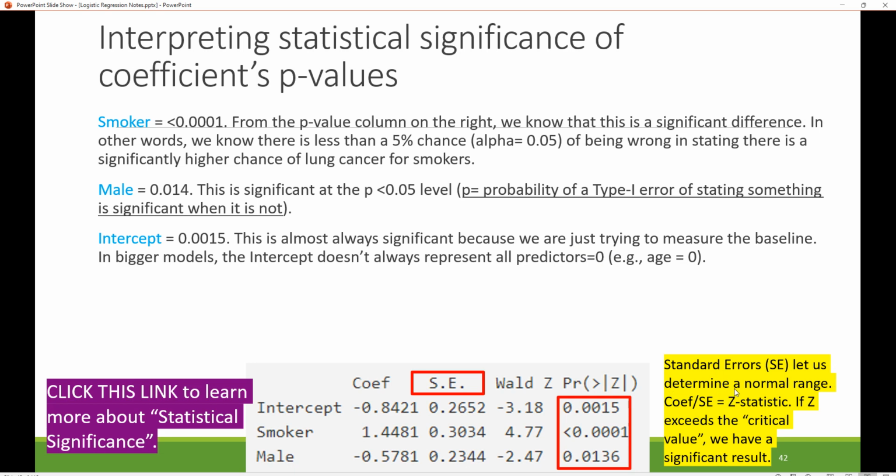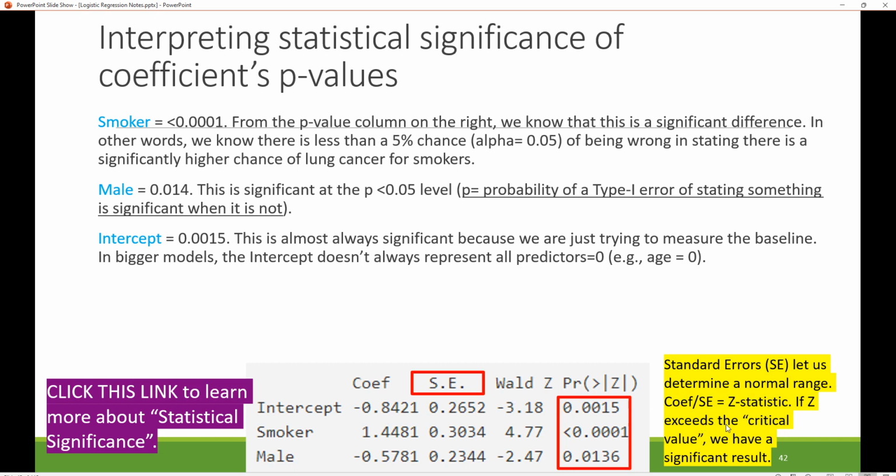On the bottom right side, we can see standard errors, which let us determine a normal range. You'll notice there are other columns such as COEF for coefficient, SE for standard error, Wald Z, the Wald Z statistic, and the probability, the p-values that we just discussed. We get that by dividing our coefficient by our standard error, which gives us the Z statistic value.